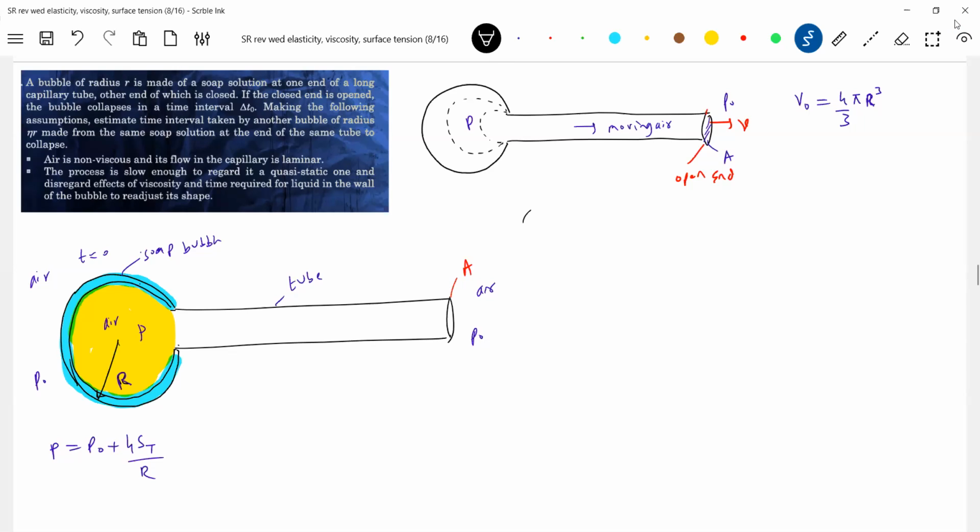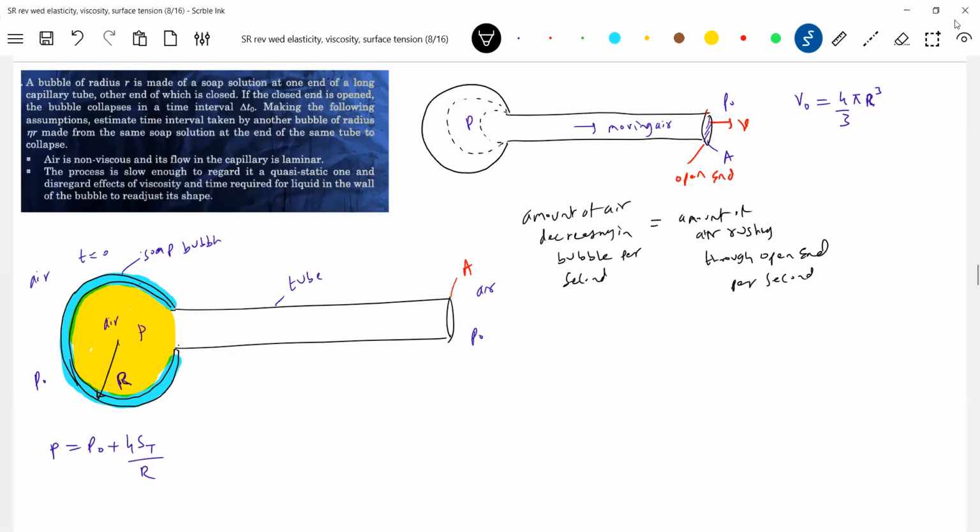So here, the rate of the amount of air decreasing in the bubble per second is equal to the amount of air rushing through the open end per second.